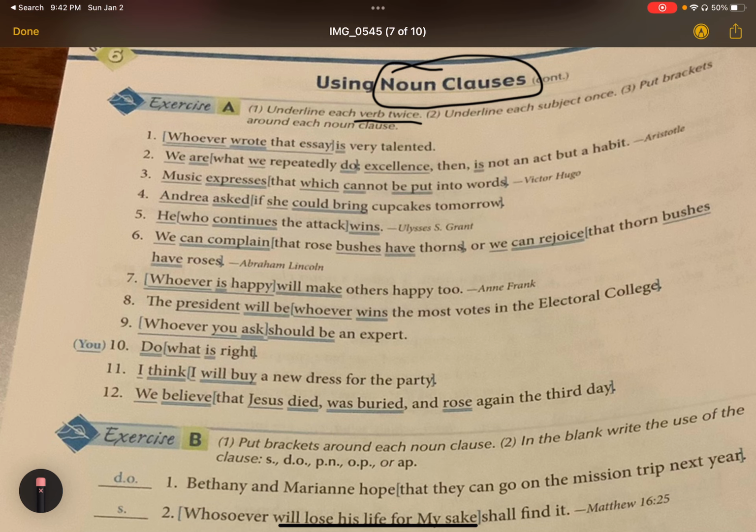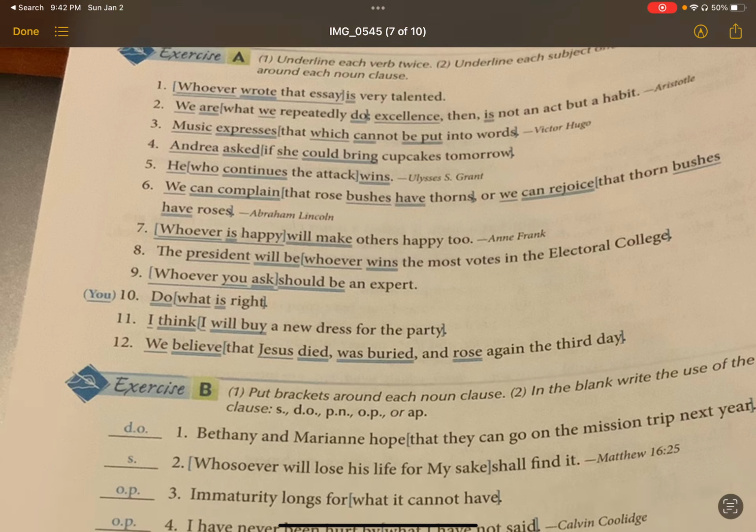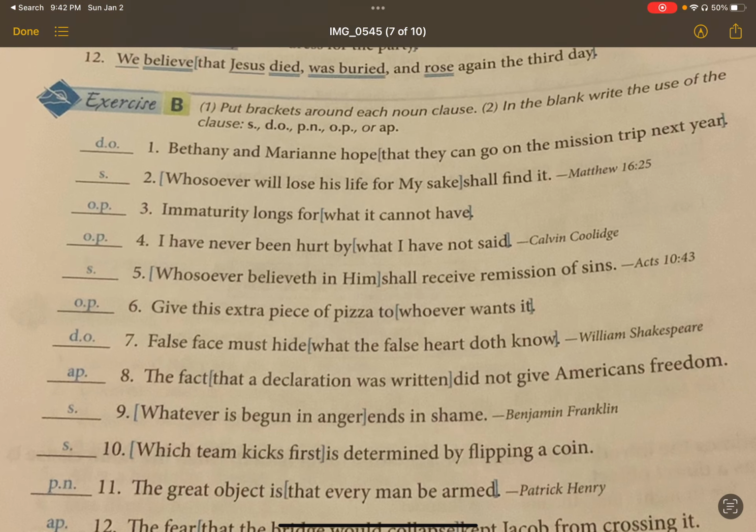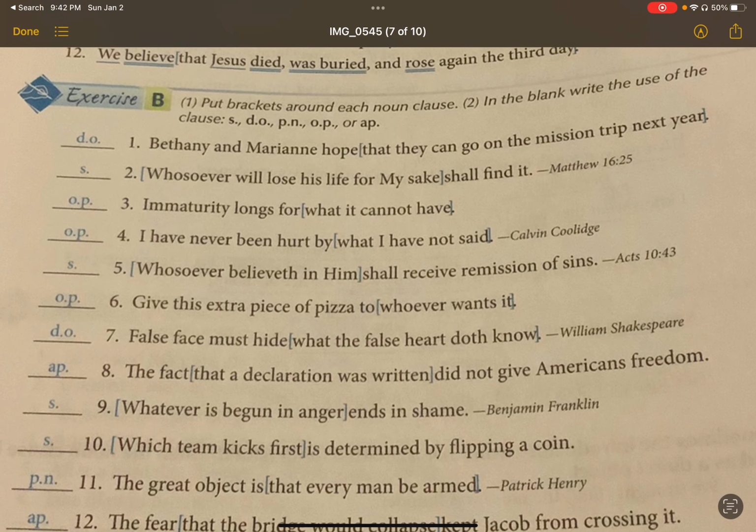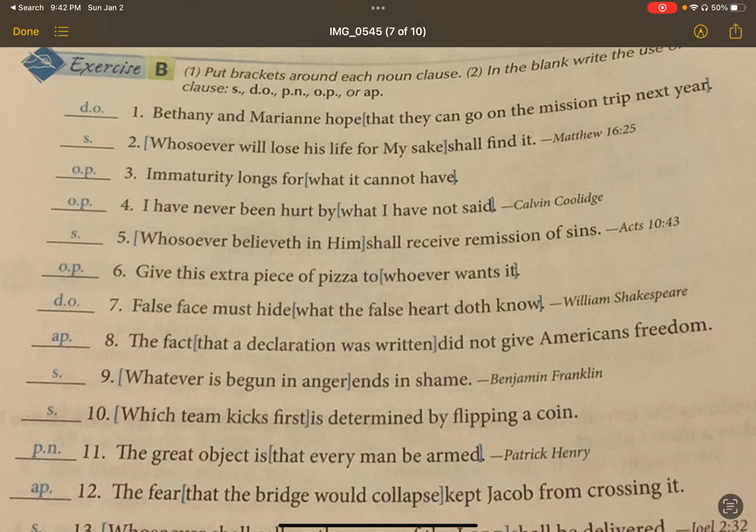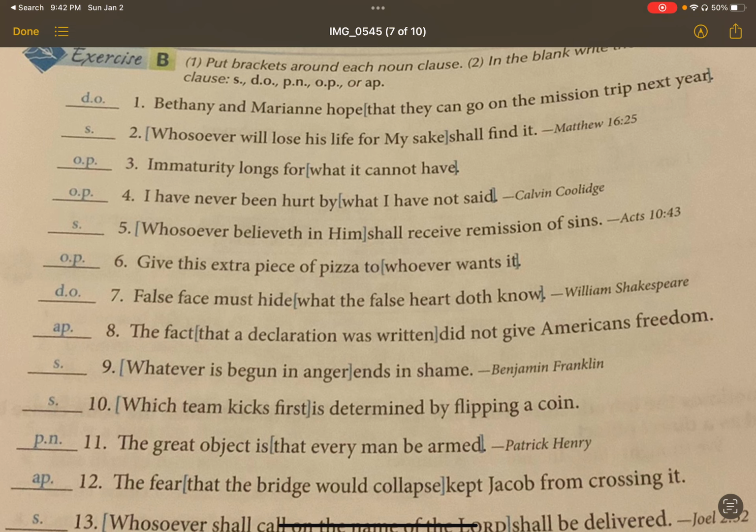So this is a little bit more thinking than you normally probably have to do on these exercises. At the bottom, you're going to put the brackets around the noun clauses. Just watch out for those signal words. And then on the line over here to the left, sorry, can't get my pencil working.